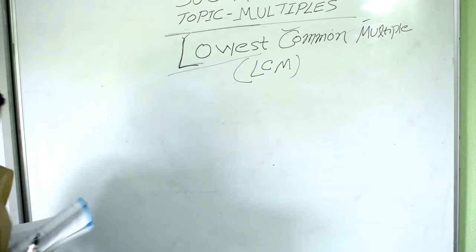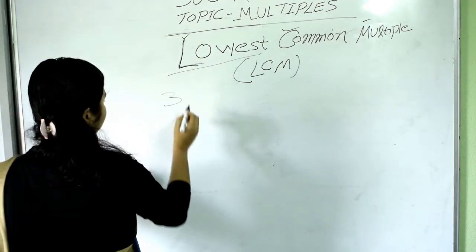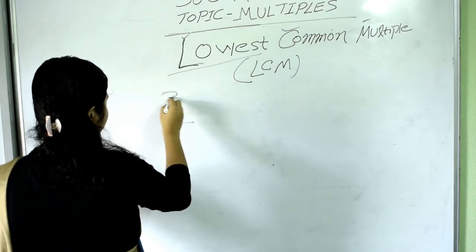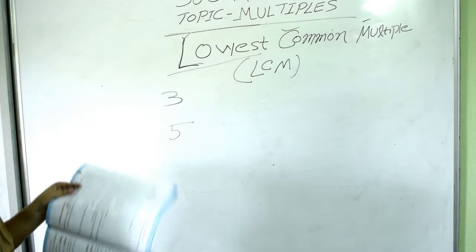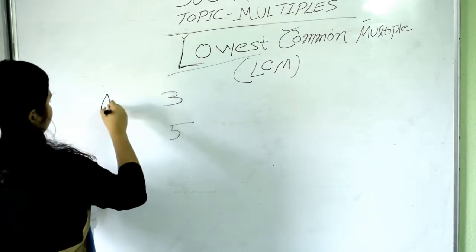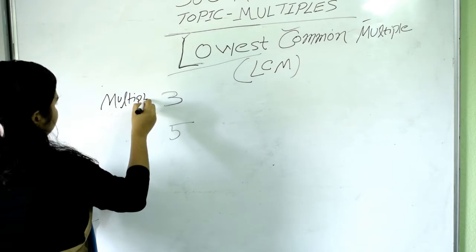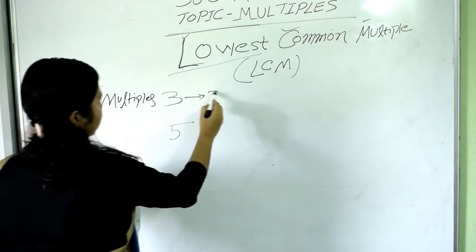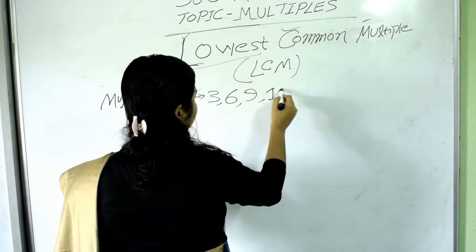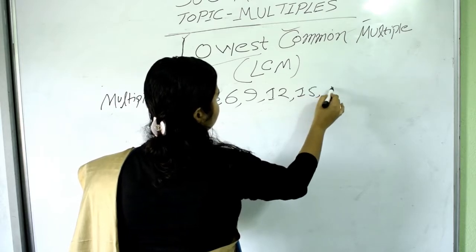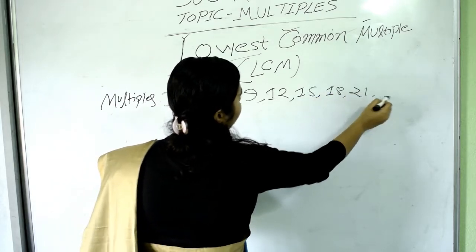Take another example. Suppose 3 and 5. So multiples of 3 are 3, 6, 9, and so on.